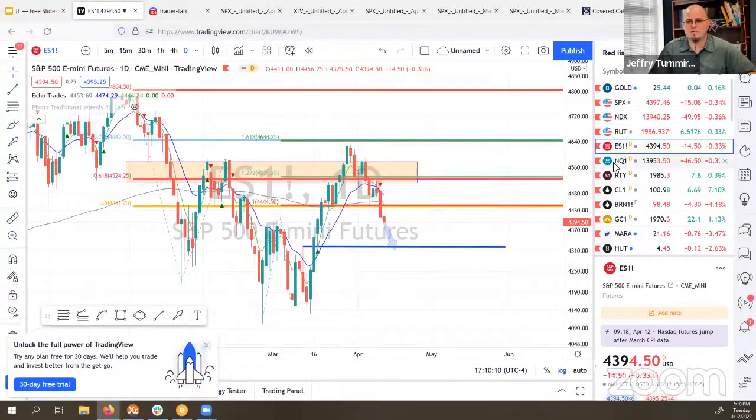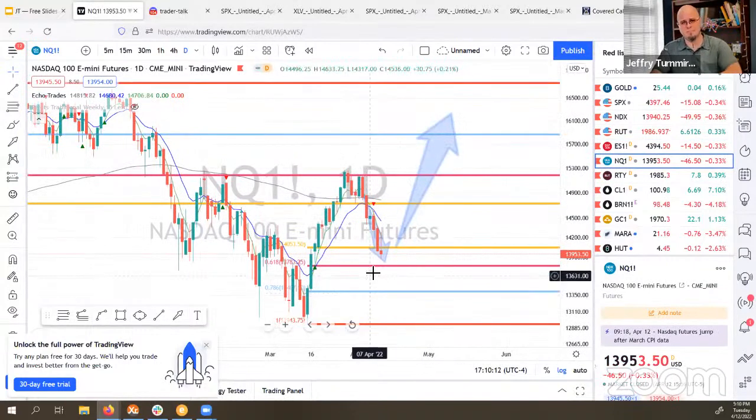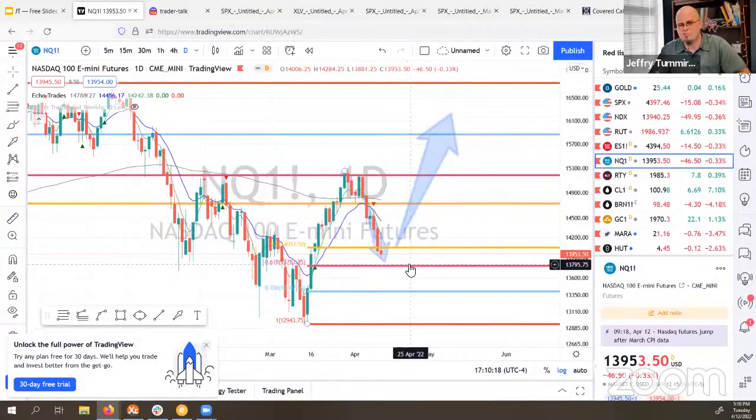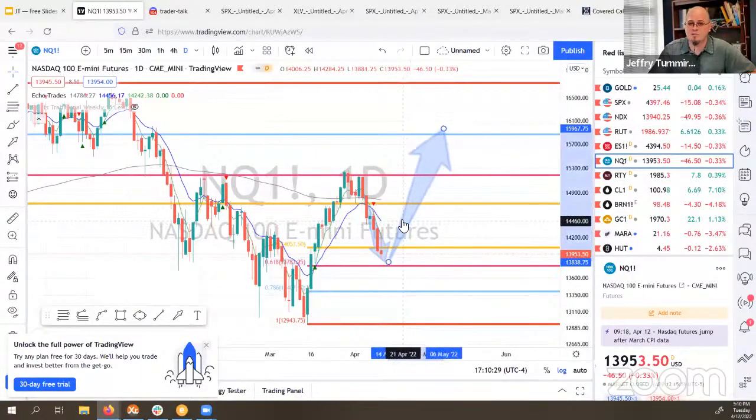So, all right, hopping back over to tech. Let's visit the NASDAQ real quick. We have almost retraced to the 618 where I thought we would visit, down to right around 13,795-ish. Overnight, I could expect to see a little push lower maybe and bounce off of that right there.